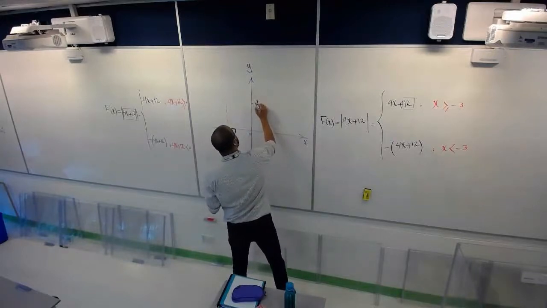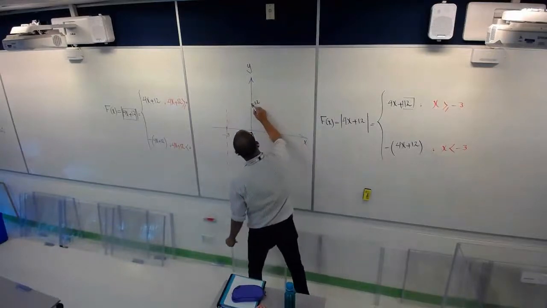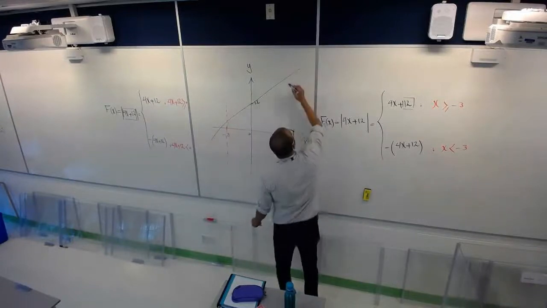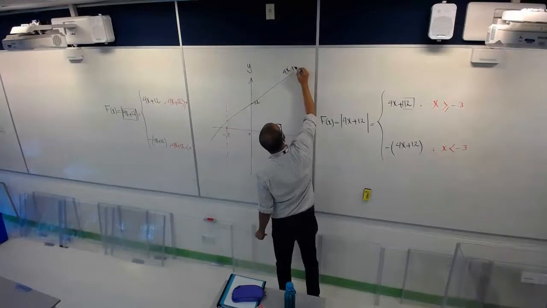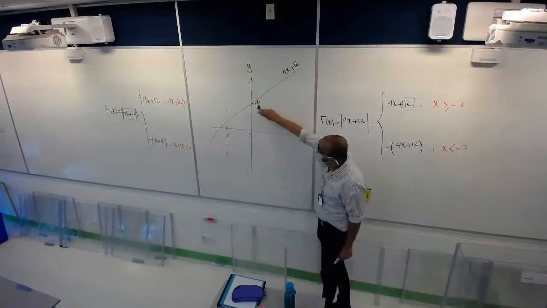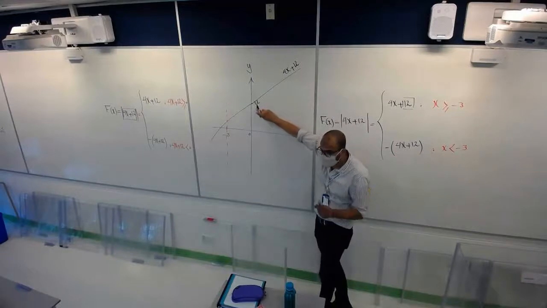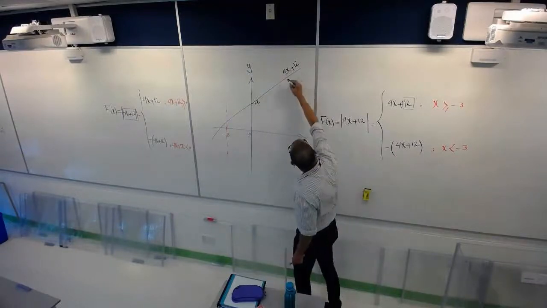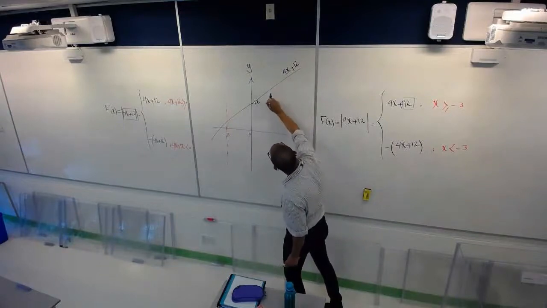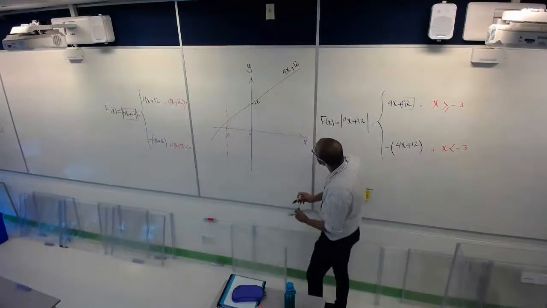For example, 12 is here. I'm going to draw this line. This is 4x plus 12. 12 is the y-intercept. It means that it crosses the y-axis at 12. And the 4 is the slope, which means the line rises steeply toward the y-axis. Now, this is this one.